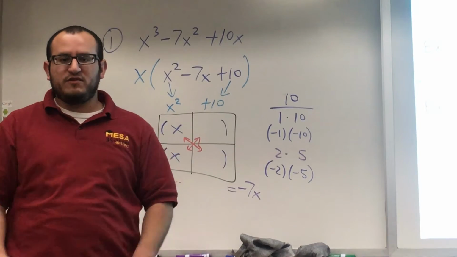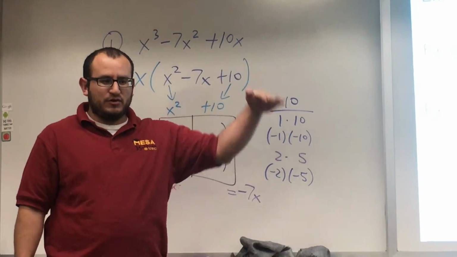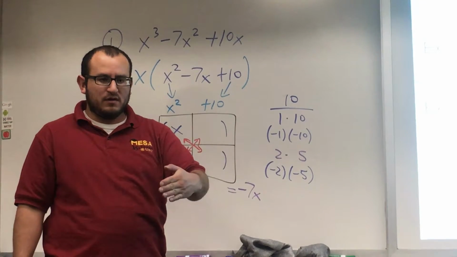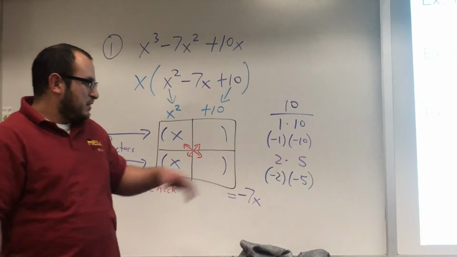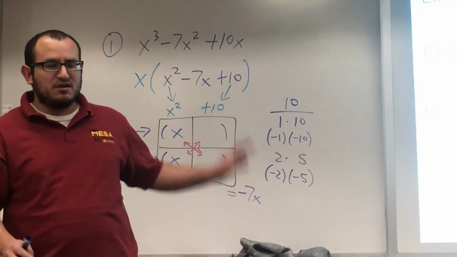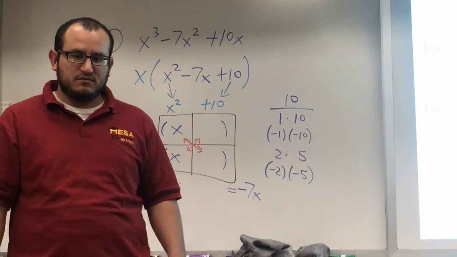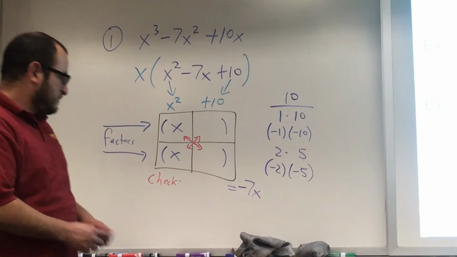So how do you know you have all the possible factors? If you were to go in order, starting with 1, then you go to 2, then 3, then 4. You know 3 and 4 are not part of the factors of 10, but 5 is. Since 5 is already on the list, that means that you're done. These are all the possible factors of 10. So I think that's a cool trick. If you didn't know that, well, there you go.